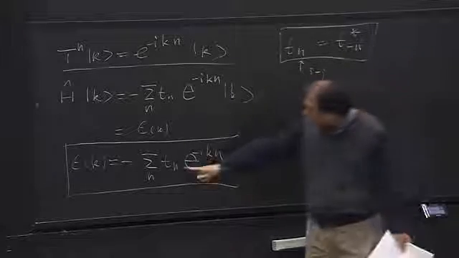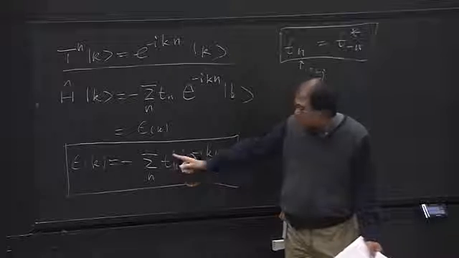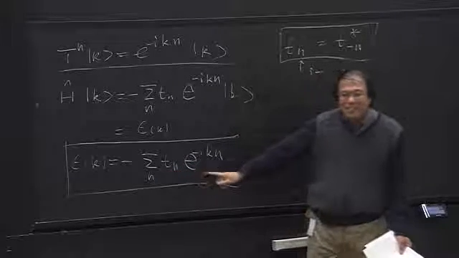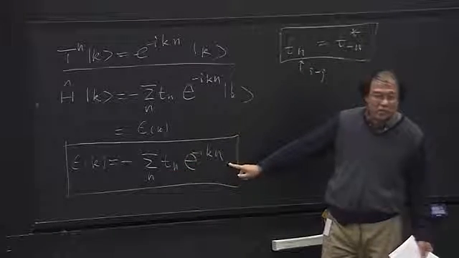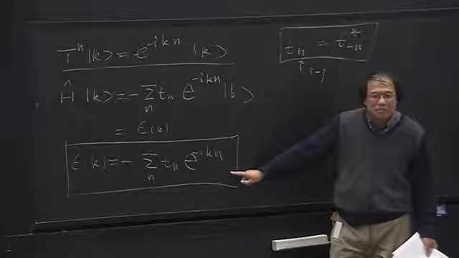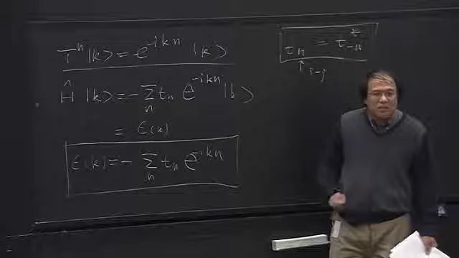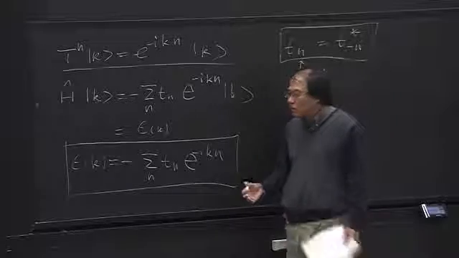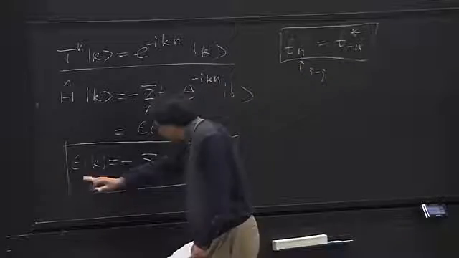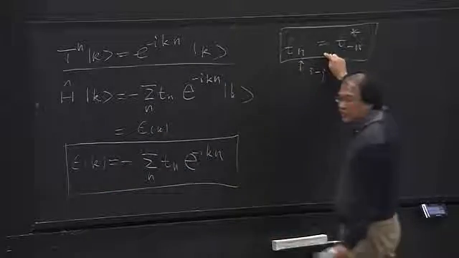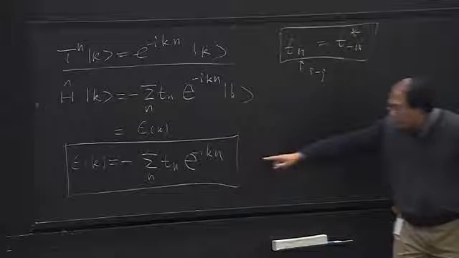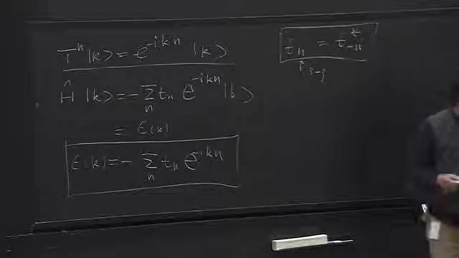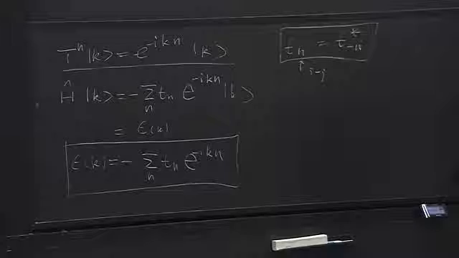Once we realize Tn and T minus n are complex conjugates, then obviously this expression is always real. It works. So this is okay, but we do need this condition. This eigenvalue is always real, because it is a real energy. Any question here?